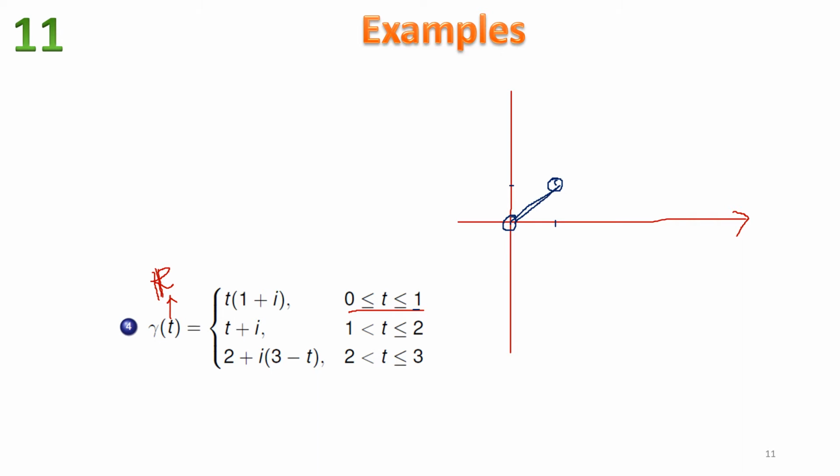In the second part, t is rolling from 1 to 2. So this is 1, the next point is 2, and for the third piece, we are going to reach the real value 3. So in this region, the real part is t, where t is rolling from 1 to 2, and the imaginary part is fixed at i.